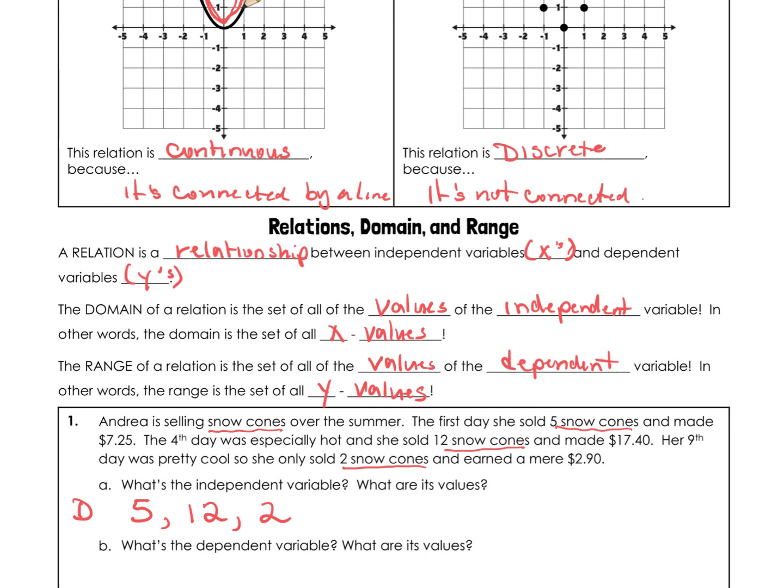Then the money she made was $7.25, $17.40, and $2.90. And that is your range, because how much she makes depends on how many snow cones she sold. So your range is $7.25, $17.40, and $2.90. And you enclose those with brackets when you're listing them.